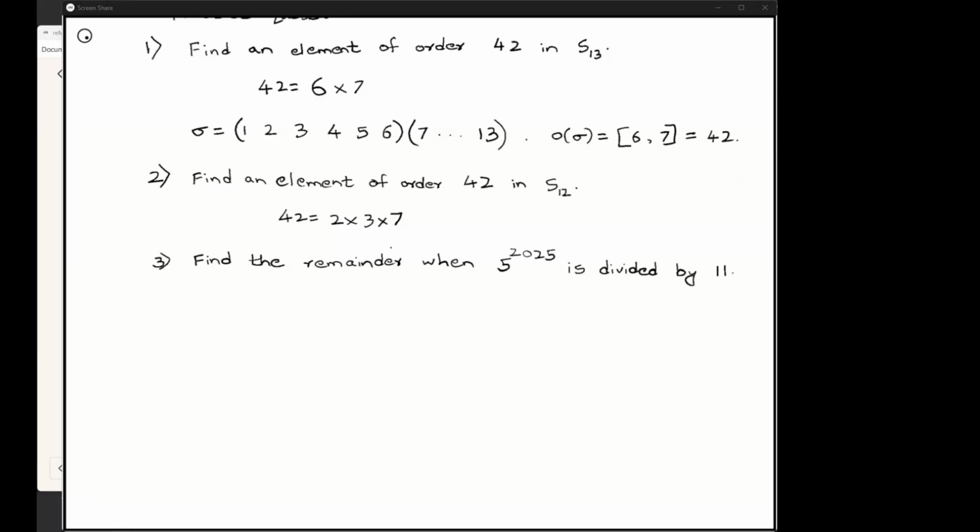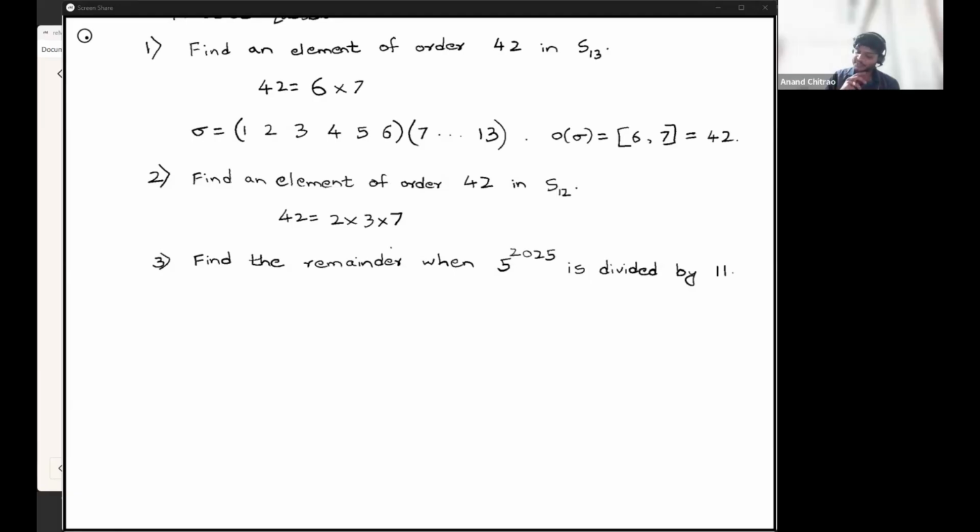We can take 5 square, which is 25, congruent to 3 mod 11, and then raise the power. But using group theory, you can simplify that computation a lot, right?